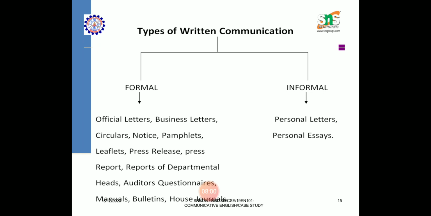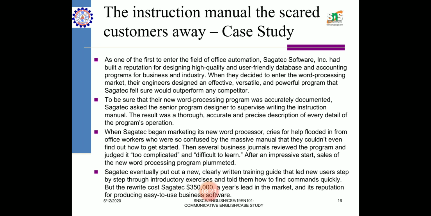Formal communication deals with official letters, circulars, notices, leaflets, reports, manuals, bulletins, house journals, etc. Informal communication is personal letters and personal writings. So manual writing or design documentation comes under formal communication. You can go through this example which I have taken as a case study.